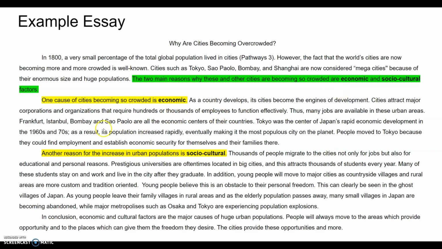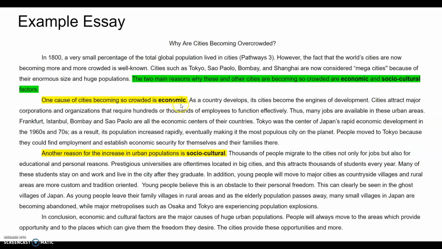If we just take a look at the second body paragraph, right here, let's look at the topic sentence. Another reason for the increase in urban populations is sociocultural. So that's the second controlling idea in the thesis. So we have our topic sentences that are related to the controlling ideas in the thesis statement.